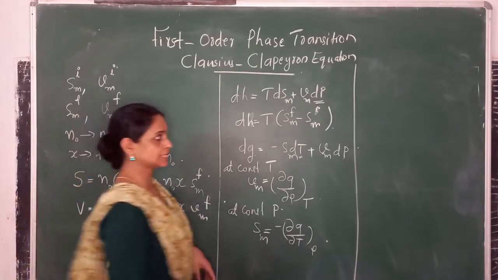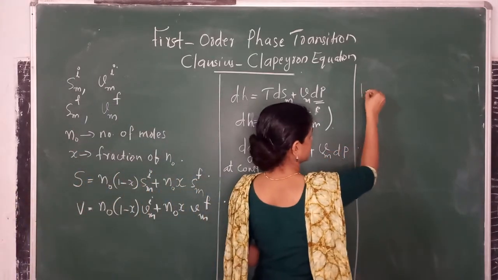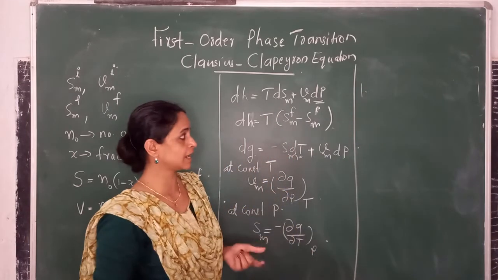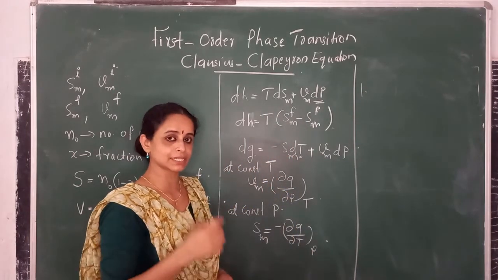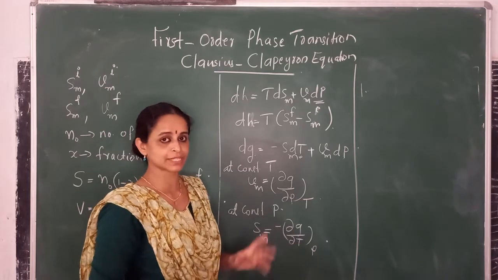So there are two criteria that should be satisfied. If these two criteria are satisfied, then we can say that it will be a first order phase transition.